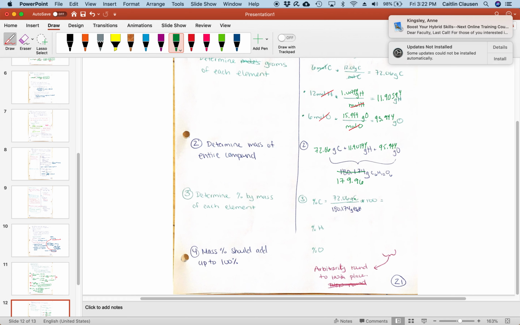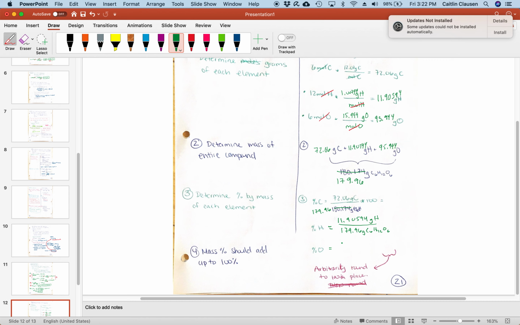Percent of carbon, I take the mass of carbon that I calculated, divide it by the entire mass, multiply it by 100. For hydrogen, I take the mass of hydrogen that I calculated, divide it by the entire mass of the molecule, which here we said is 179.96 grams, C6H12O6.